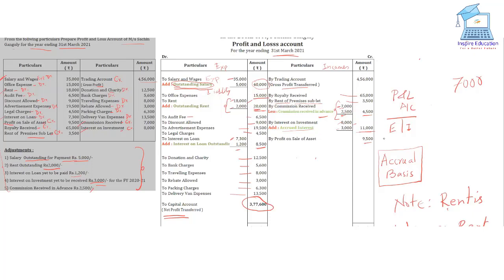Not for this year, in advance I have received 2,500. That means for this year, 4,500 is my commission. If I receive anything in advance, then I will deduct that, and I will consider only the income of this financial year. Okay, thank you.